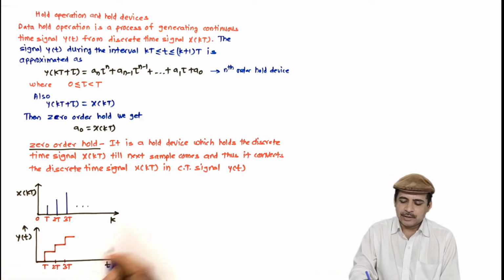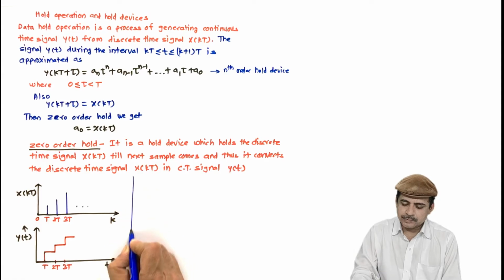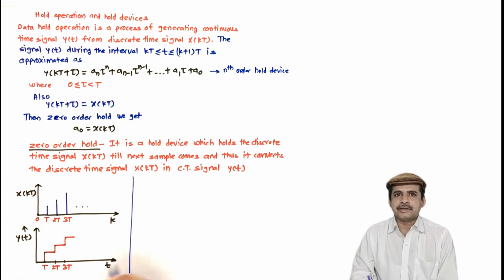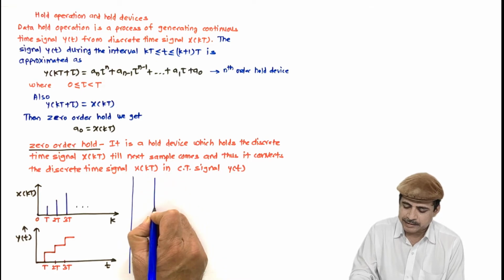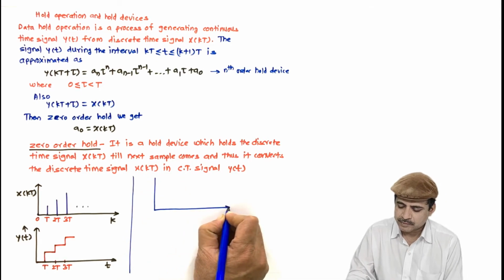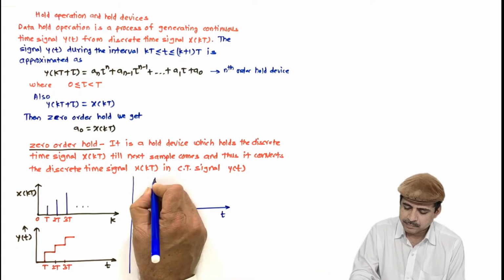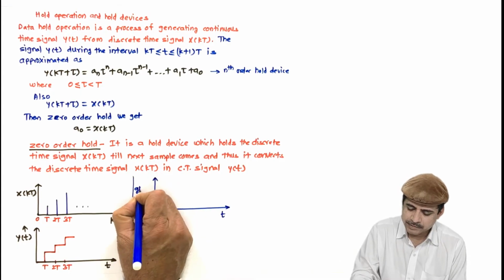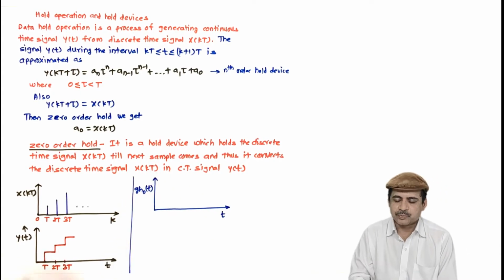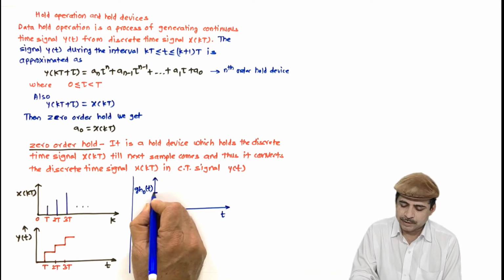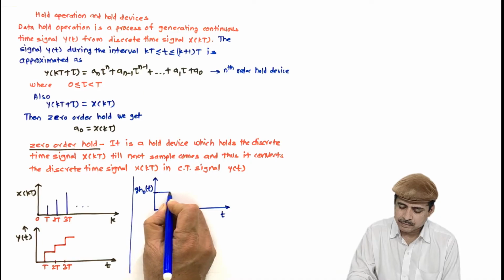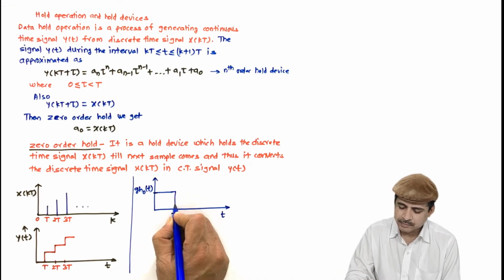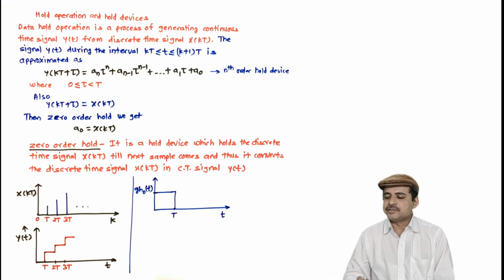And now if I want to write its impulse response, then its impulse response can be sketched as follows. Gh0 of t is the impulse response, and it is equal to 1 till T, and 0 otherwise.